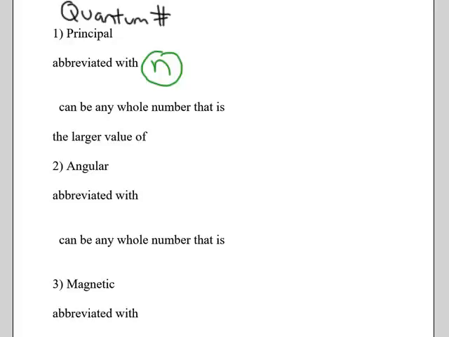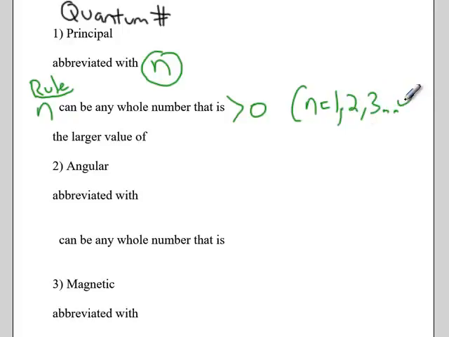And there are certain rules associated with these quantum numbers. So the rule for n is that it can be any whole number that is greater than 0. So another way to say that is n could either be 1 or 2 or 3, and so on, all the way up to infinity. And the larger the value of n, the higher the energy of the orbital.